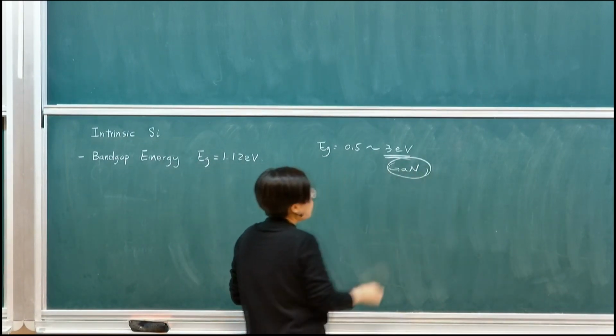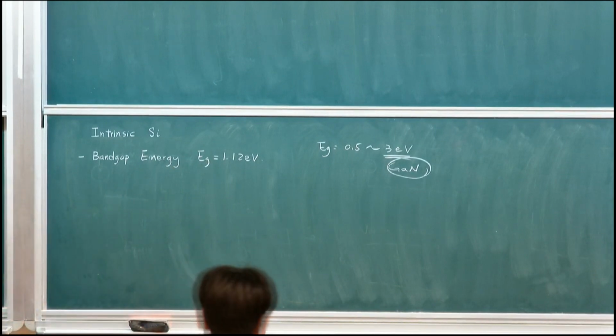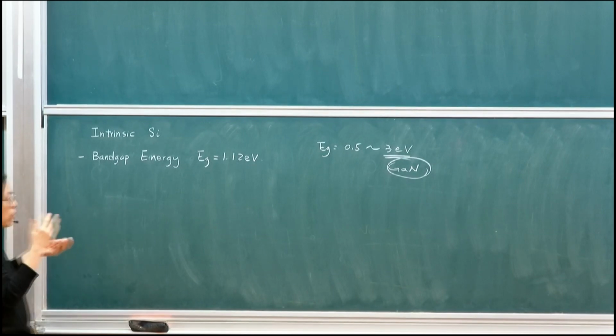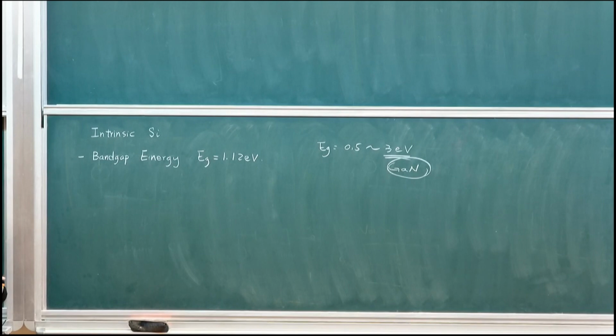This would also refer to the photoelectronic interaction, but that's out of scope. Just to give you a sense, the typical semiconductors being used have a band gap energy range of 0.5 to close to 3 eV.